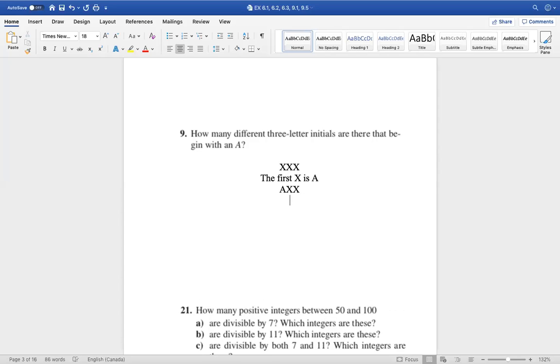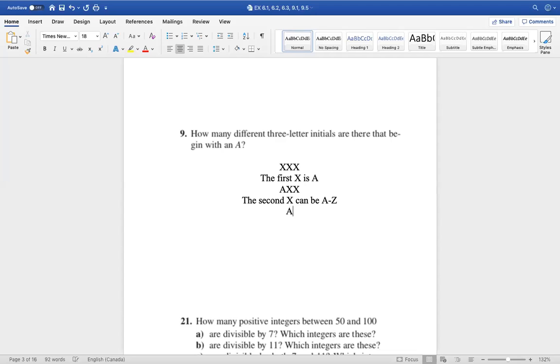Now the second X can be A to Z. Likewise, the third X can also be between A to Z.